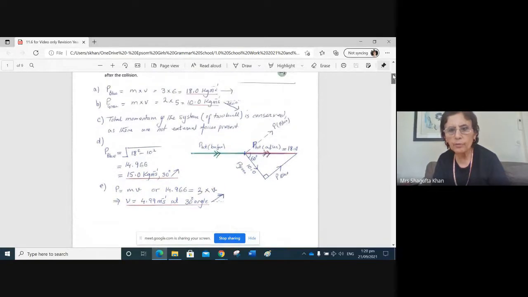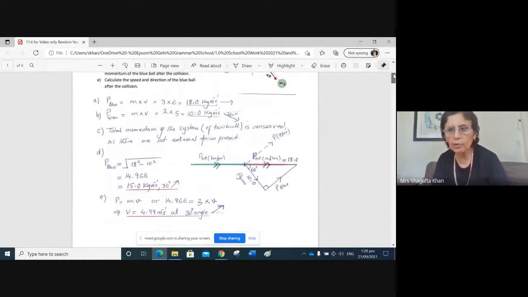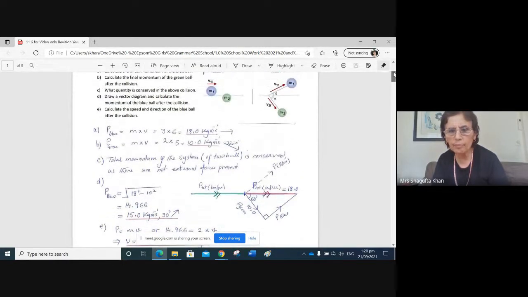First of all, we need to calculate all the momentums that we are given. The initial momentum is m times v, and it was only due to this ball. That is the momentum of the system before the collision. According to the law, the total momentum of these balls should remain the same, in the same direction and the same size. So that's the total momentum that we need to draw.